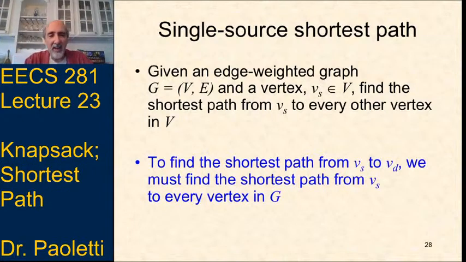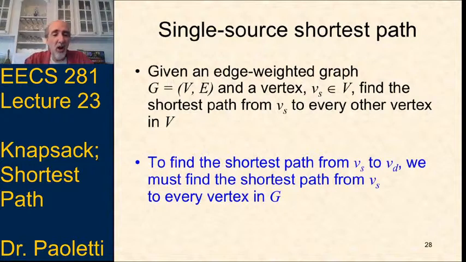Now we're going to find that as we do this, whatever we pick as our starting vertex, we're actually going to find what's called single source shortest path. Whatever vertex we start with, we're going to find the shortest path from there to everywhere.